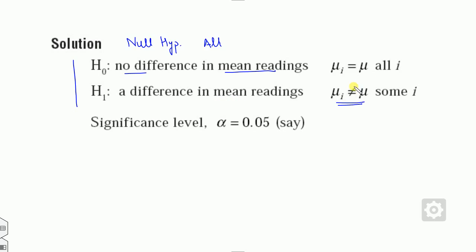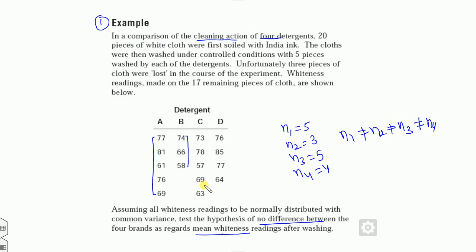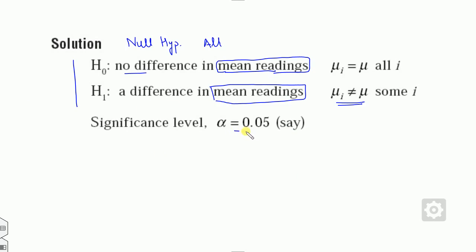This is always the same, just replacing this word from problem to problem. If the problem is related to reading, we call it the mean reading. If it is related to heights, then H0 is no difference between the mean heights, and so on. And look, no level of significance is given, so by default it is 5%.